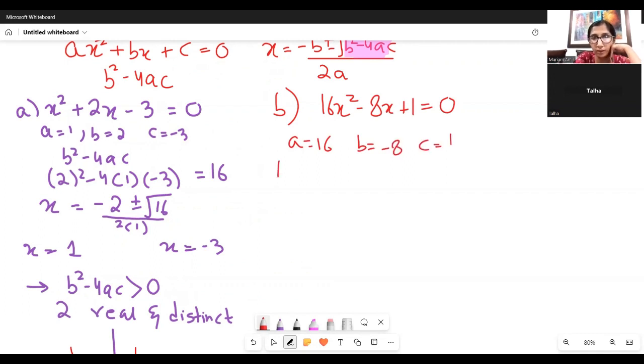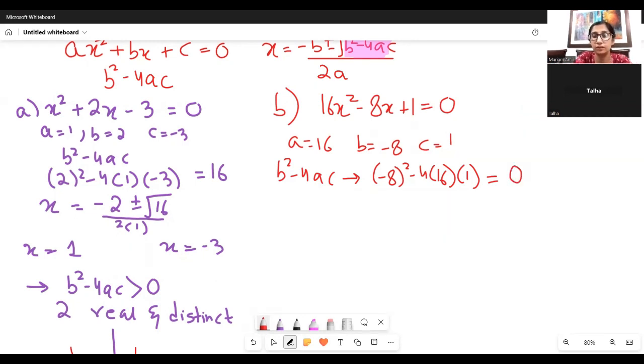Let's start with the discriminant, b square minus 4ac: minus 8 whole square minus 4 times 16 times 1. What is the value of the discriminant? I am getting 0. Yes, the discriminant would be 0.